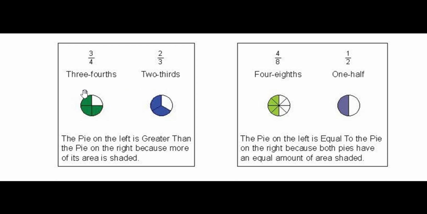Now, what we are going to do is look and see which pie has the most area shaded. We are going to look at each pie and see which one has the most of its area shaded. The pie that represents the fraction 3/4 has more of its area shaded than the pie representing the fraction 2/3.